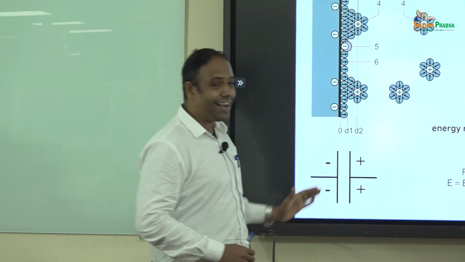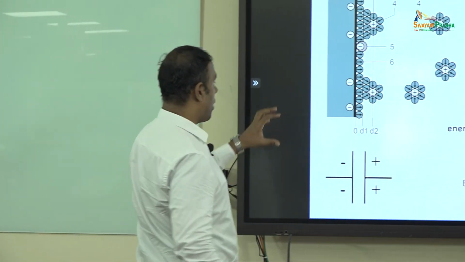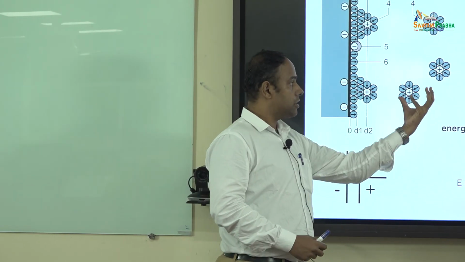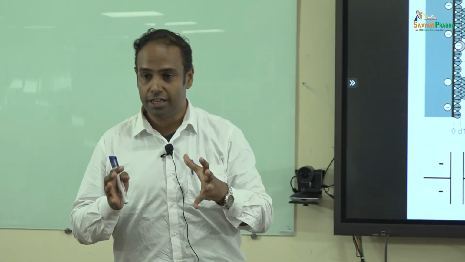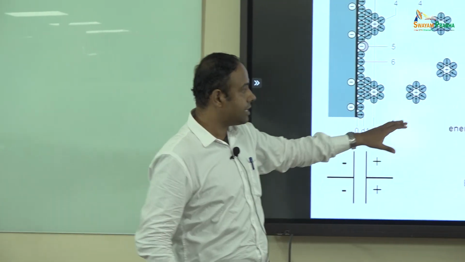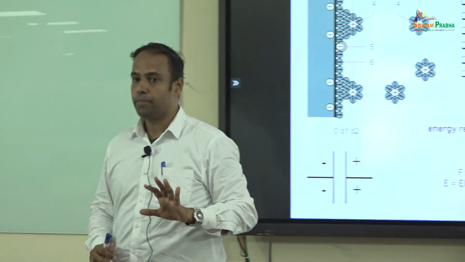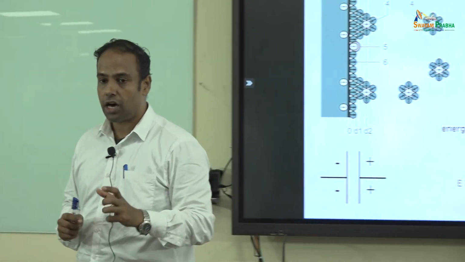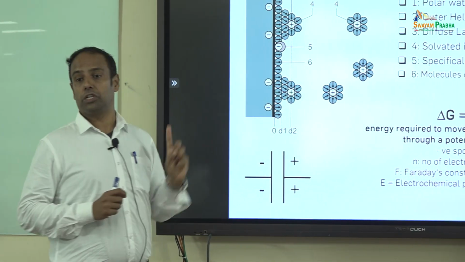So there is a gradient at this electrical interface, which an ionic species moving from the surface to the electrolyte, or from the electrolyte to the surface of the metal, has to come across. This energy is related to delta G as minus nFE. In other words, it is the energy required to move a charge of nF reversibly through this potential difference.